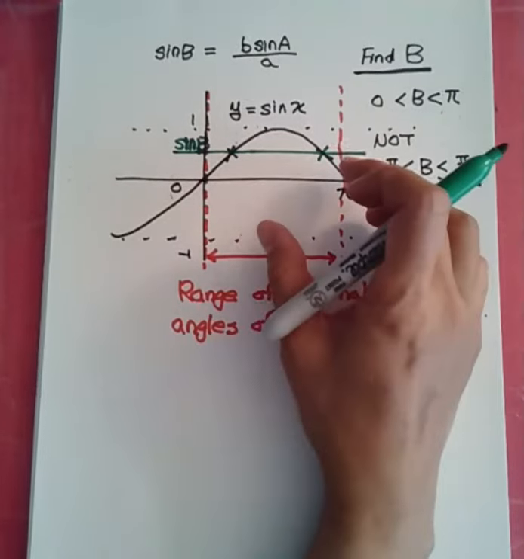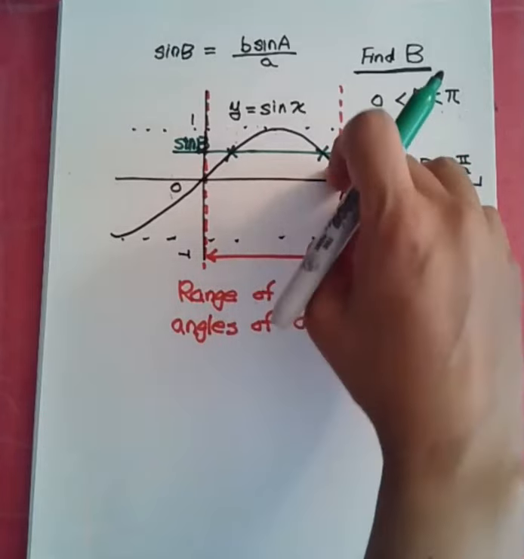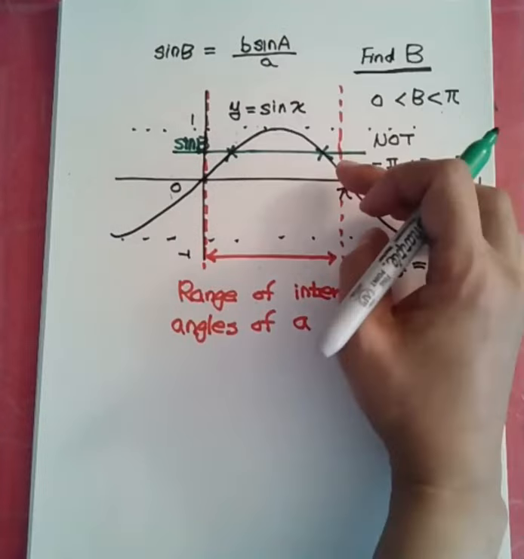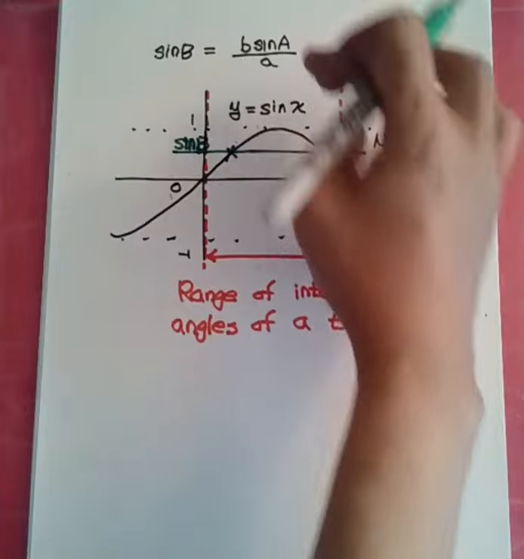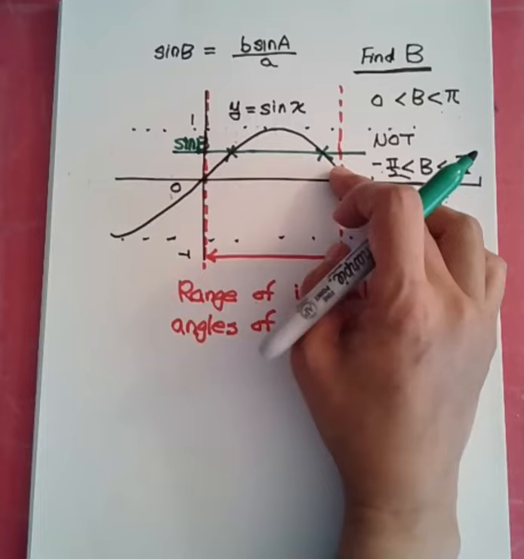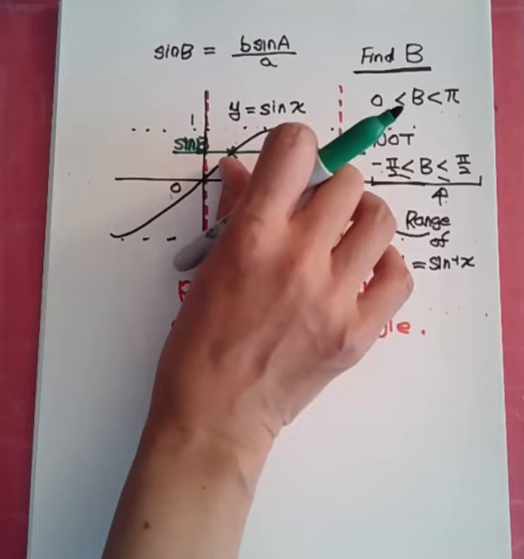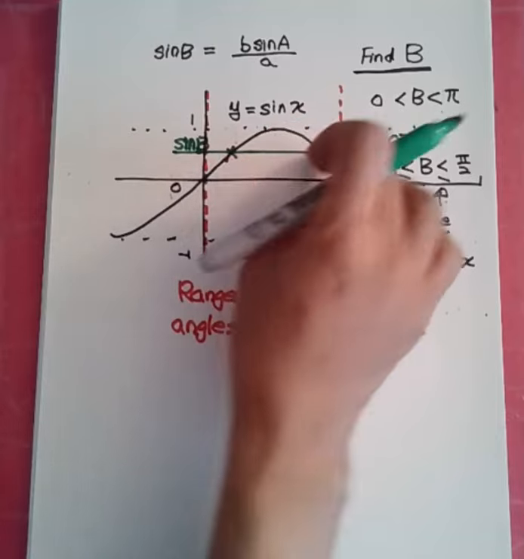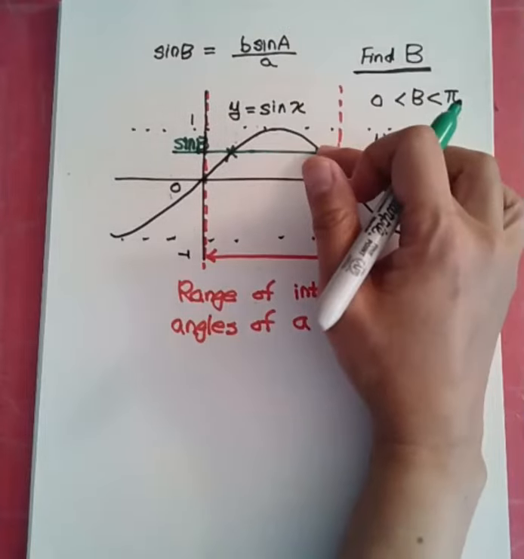Depending on the larger value, when we add the given angle A with this larger valued angle, the sum of those two may be more than 180 degrees. In that case, we have only one solution. If the sum of this angle A and this angle is less than 180 degrees, then we have two angles.